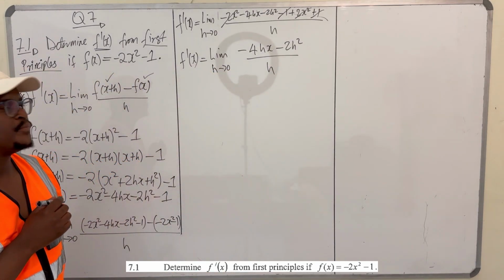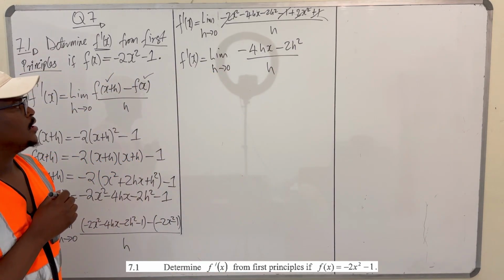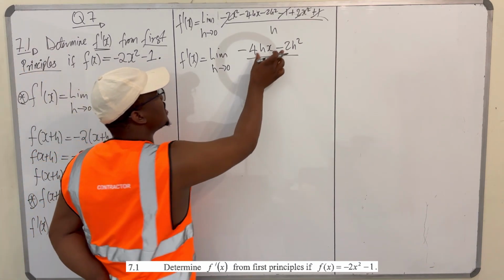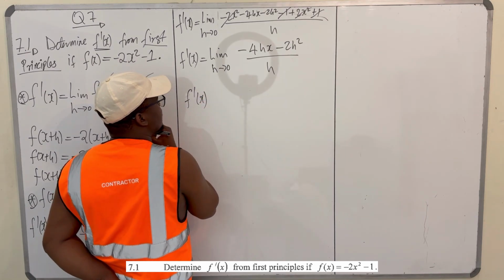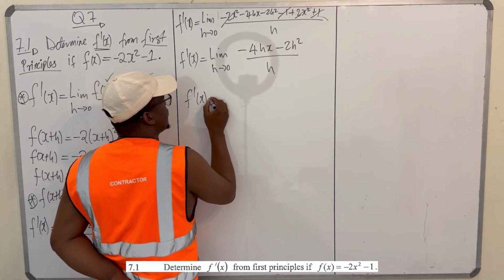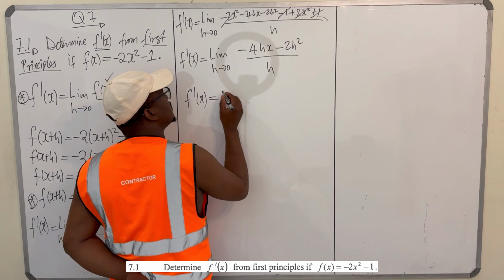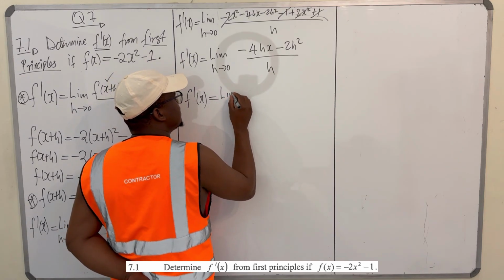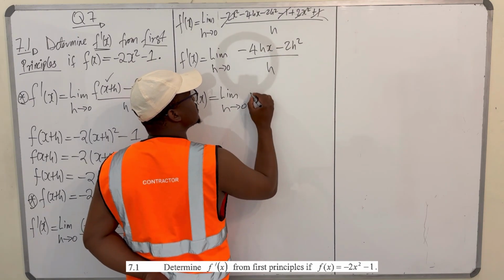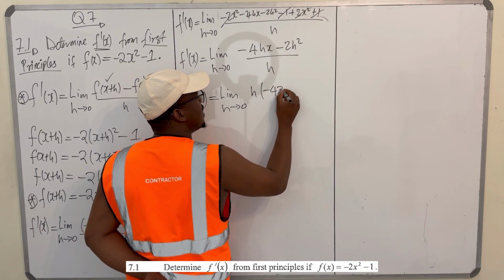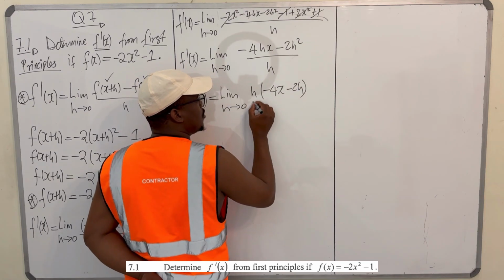When you're here, just factorize. Take out the common factor. So we have f prime at x equal to the limit as h goes to 0. So we take out the common factor, which is h. So we're left with minus 4x minus 2h, all over h.